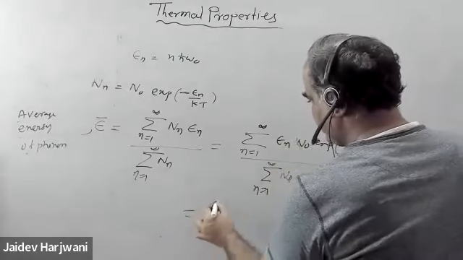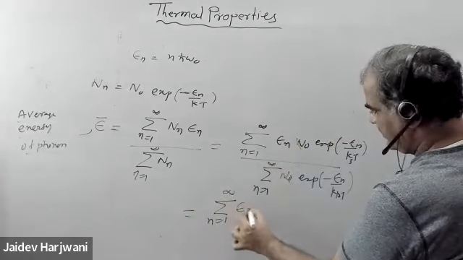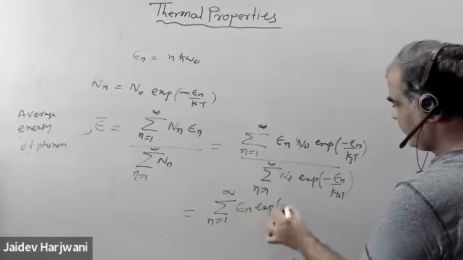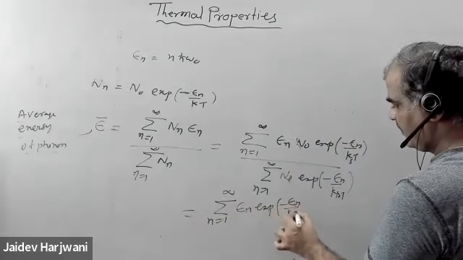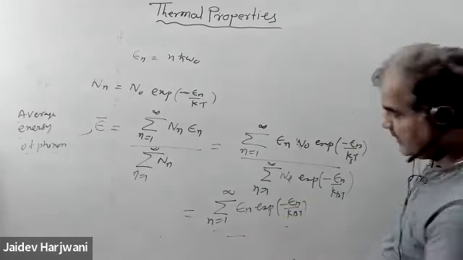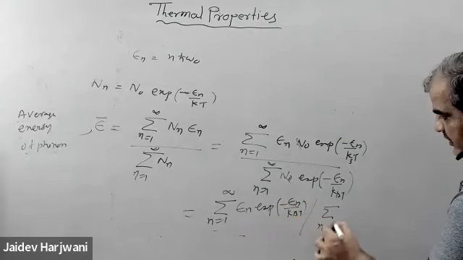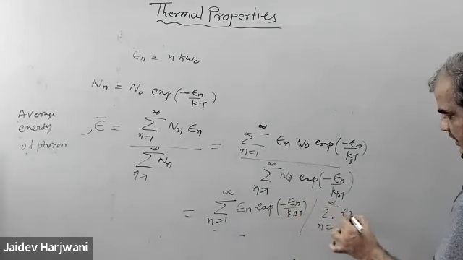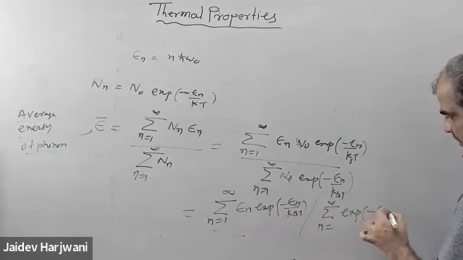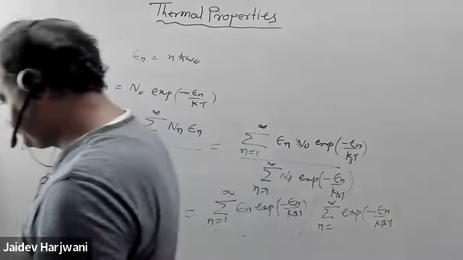You will be having the sum from n equal to 1 to infinity of en exponential minus en upon kbt, and in the denominator the sum from n equal to 1 to infinity of exponential minus en upon kbt. Now that expression we need to solve.